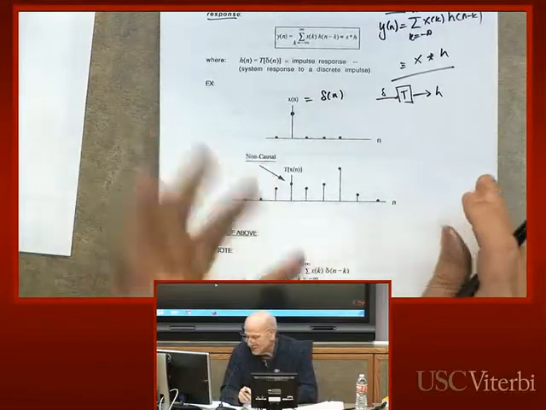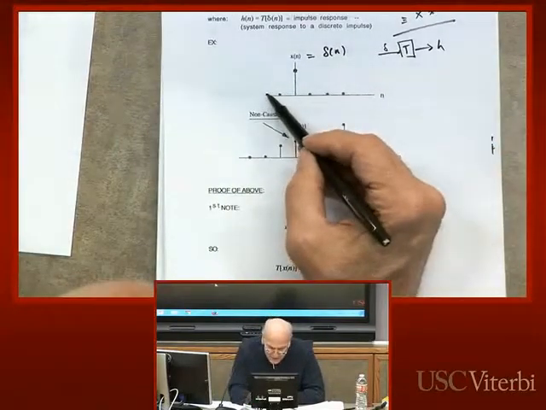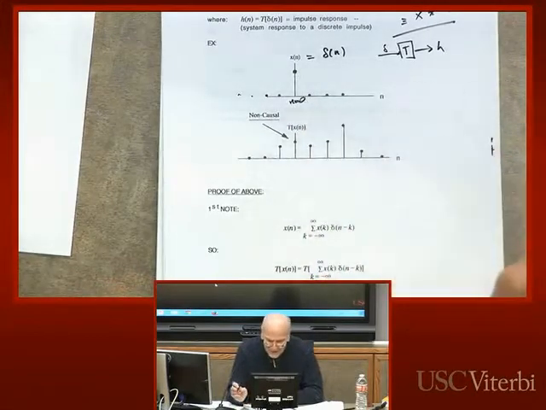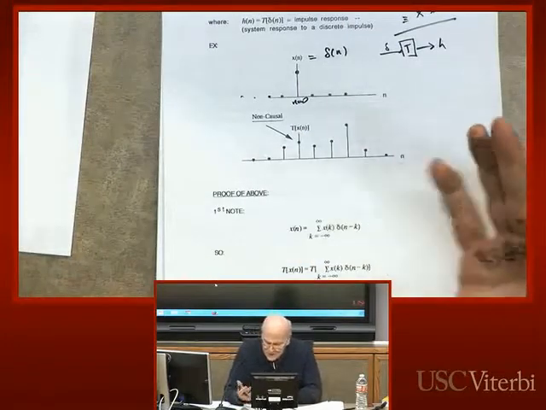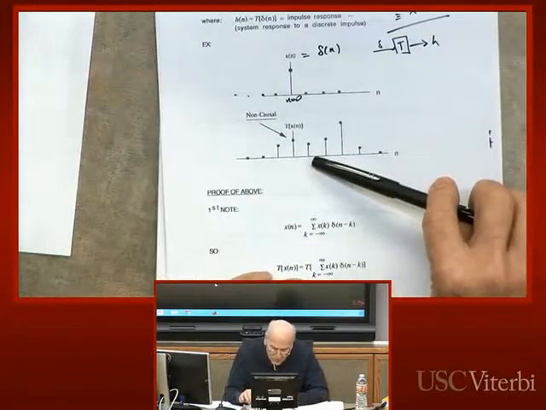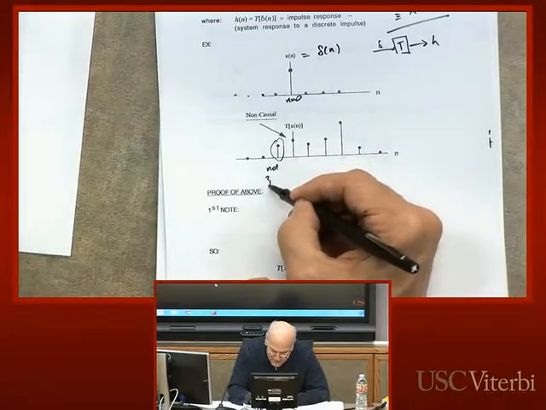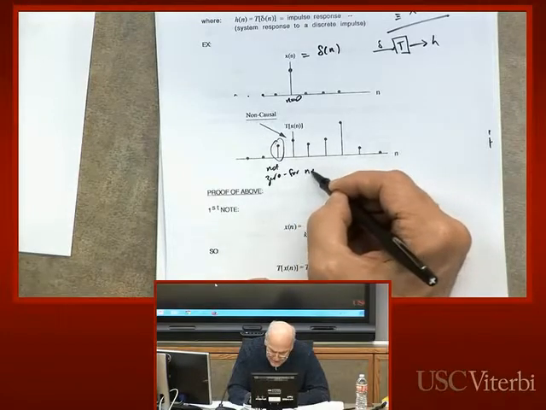The interesting thing in this little picture is that everything is 0 in the input before time n equals 0. But if you look at the output, which is a perfectly valid linear shift invariant system, you will find that it's not 0 for n less than 0.